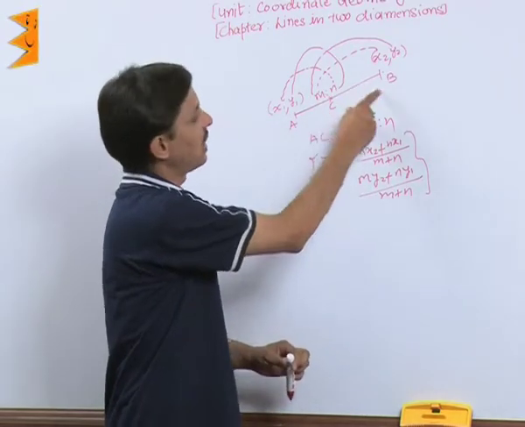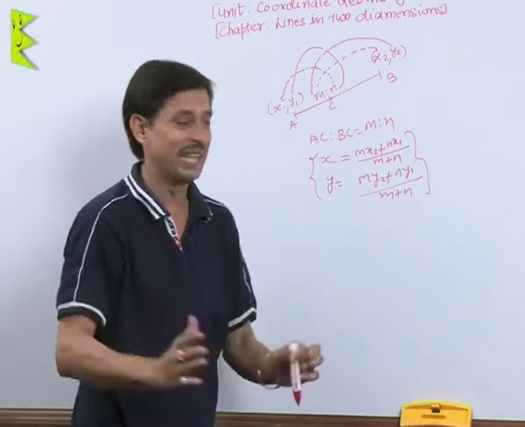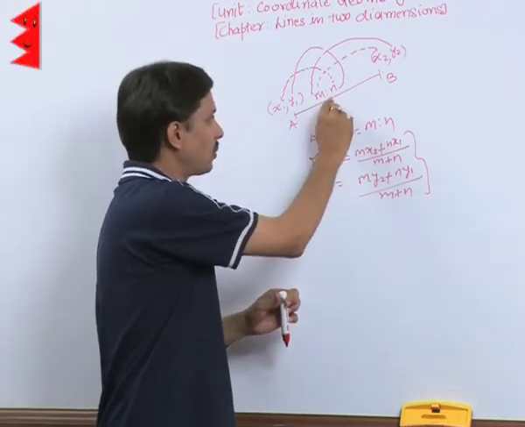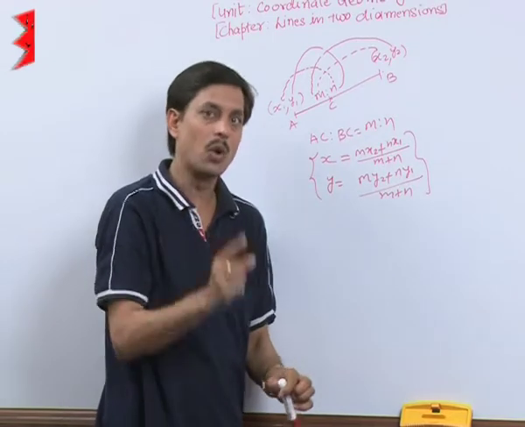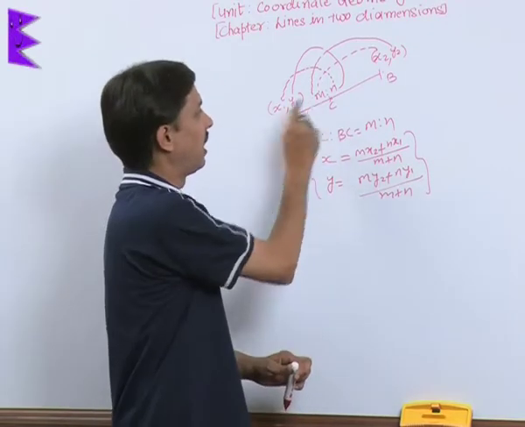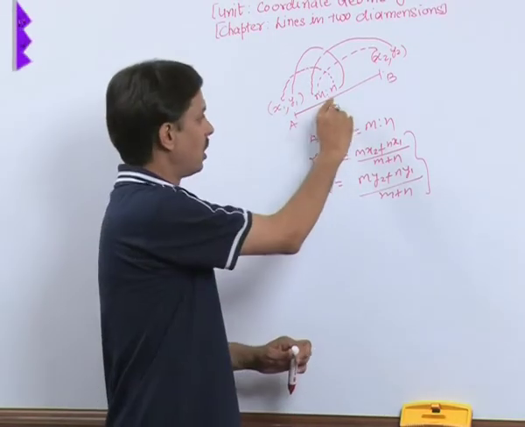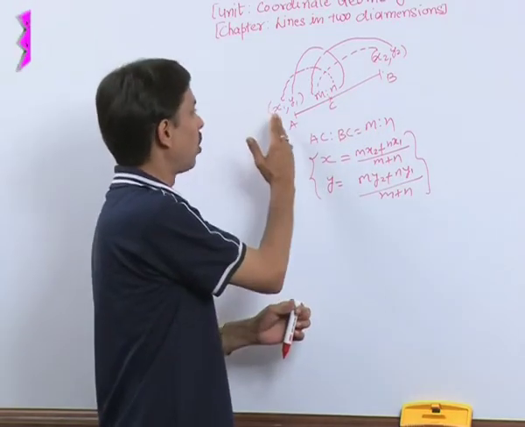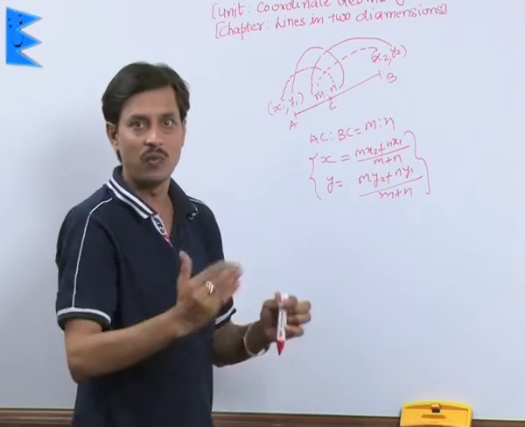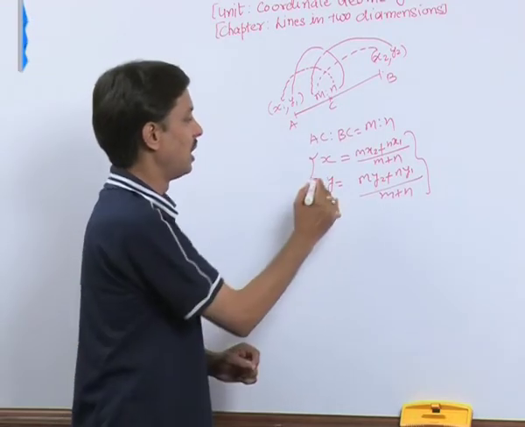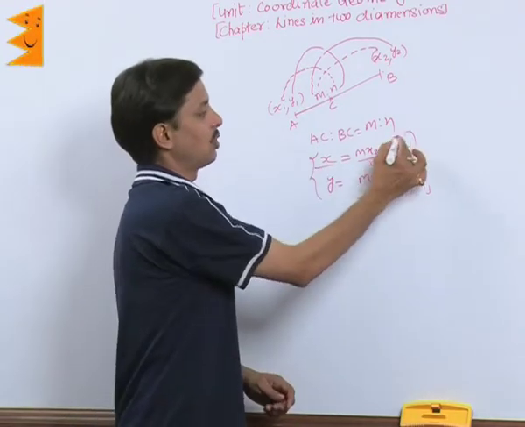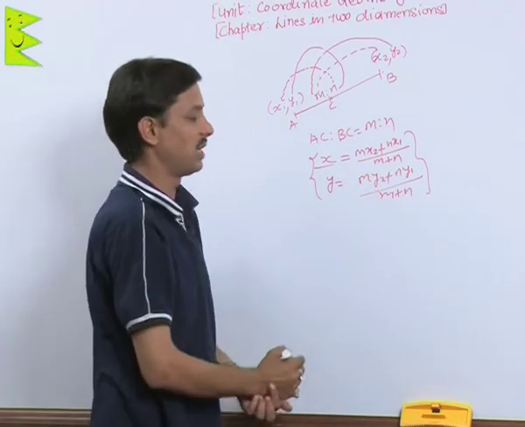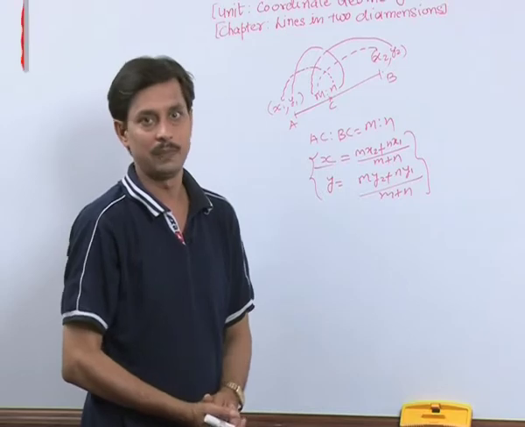The ratio of the lengths of AC section to BC section is m:n. Then the coordinates of point C, which divides AB in the ratio of m:n, where coordinates of A and B are x1, y1 and x2, y2, are given by x equals mx2 plus nx1 upon m plus n and y equals my2 plus ny1 upon m plus n.